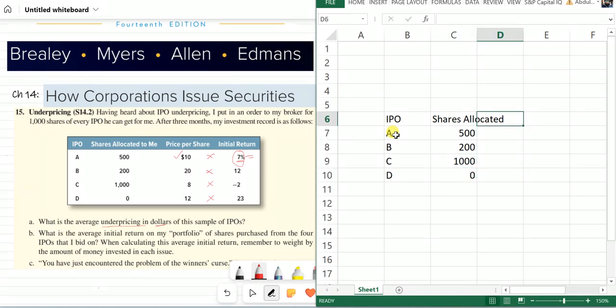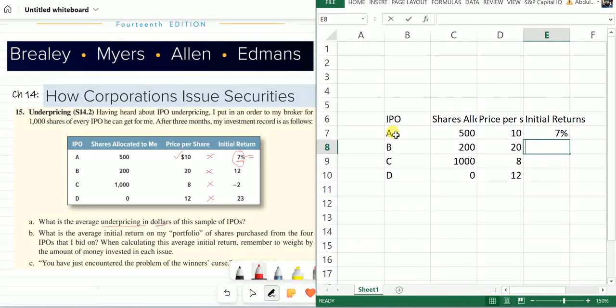Thirdly, we have price per share, which is 10, then 20, then 8, then 12. Then we have initial returns: 7%, then 12%, then minus 2%, then 23%.